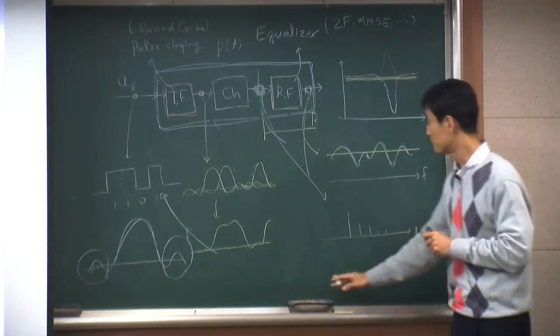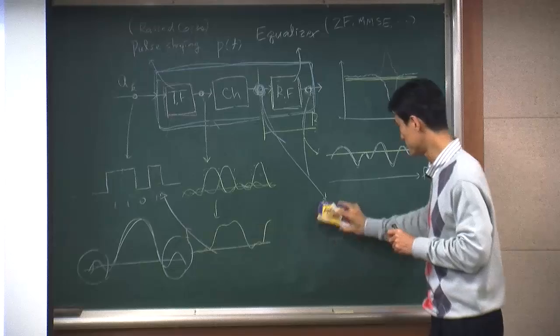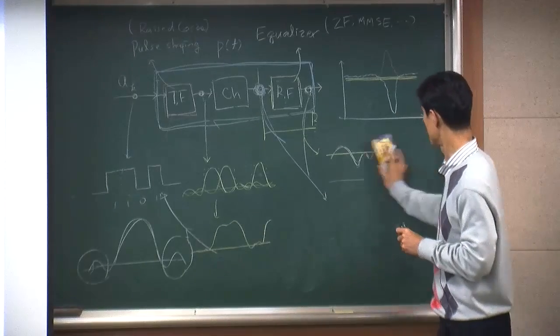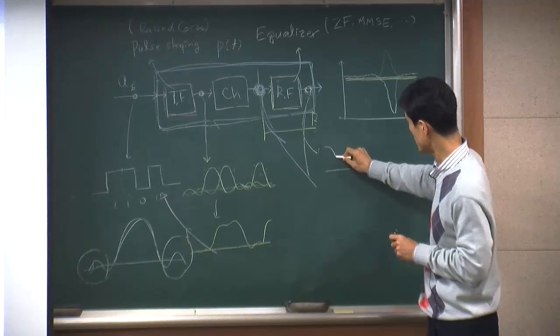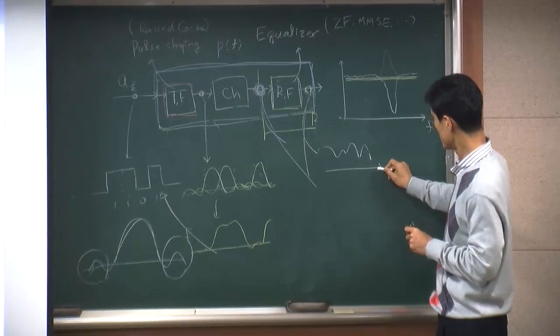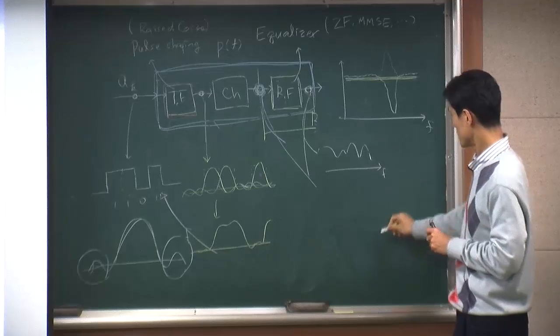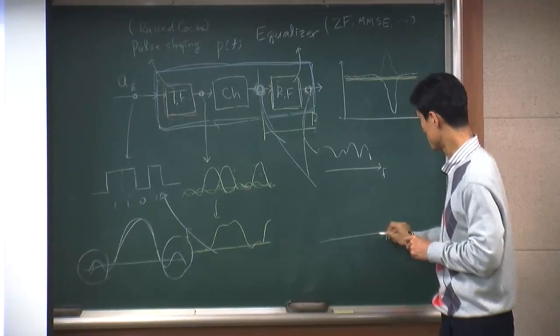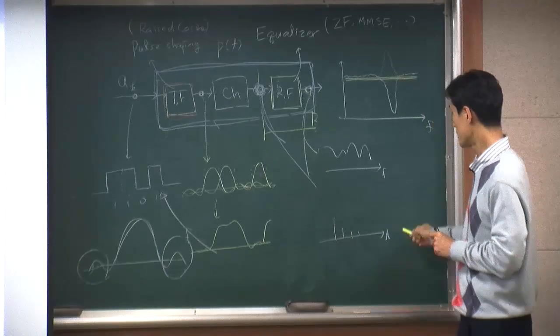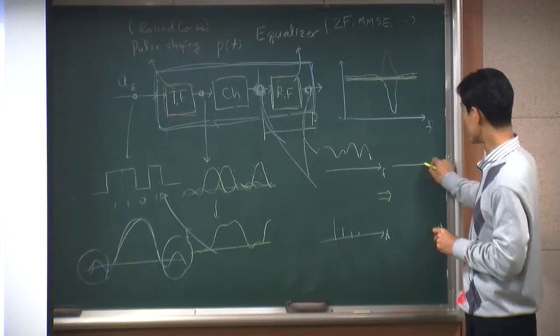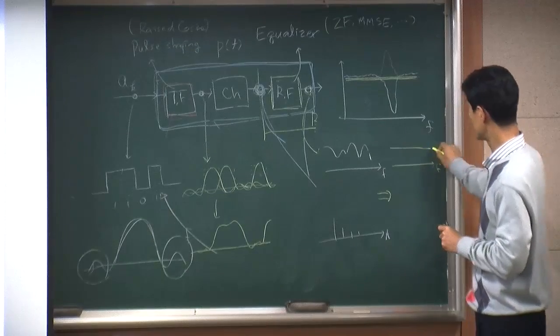That means in the time domain, you have multiple taps. So eventually, what an equalizer does, let me put it here. The input to the equalizer in the frequency domain is like this, and in the time domain, it's like this. That's the input to the equalizer. And after the equalizer, we want to make it this way.